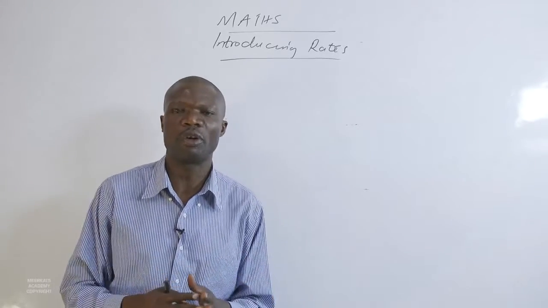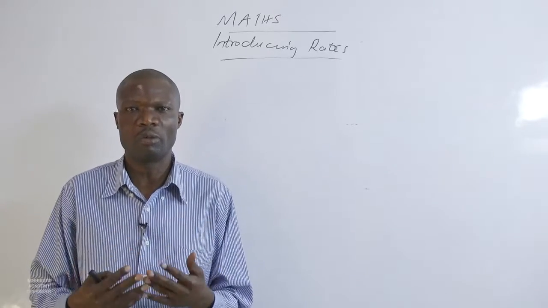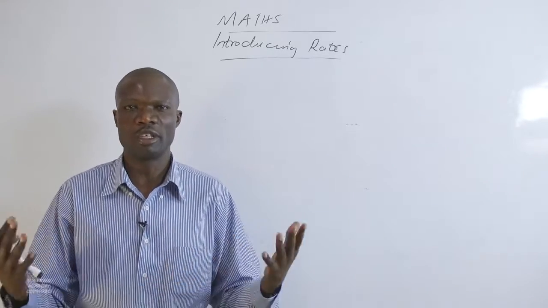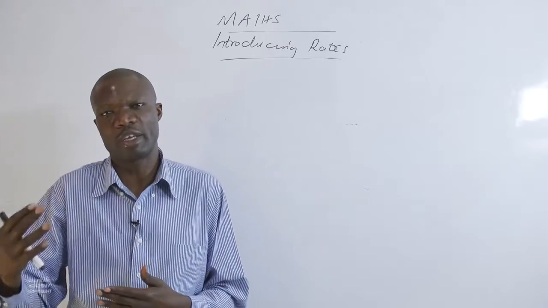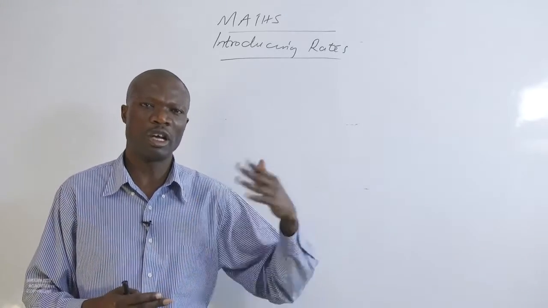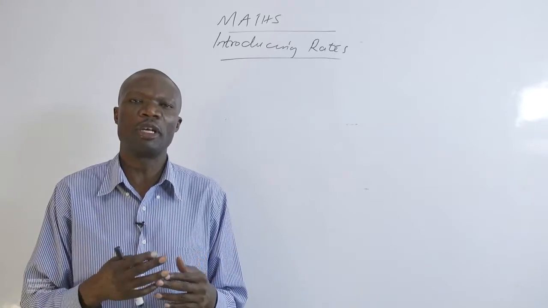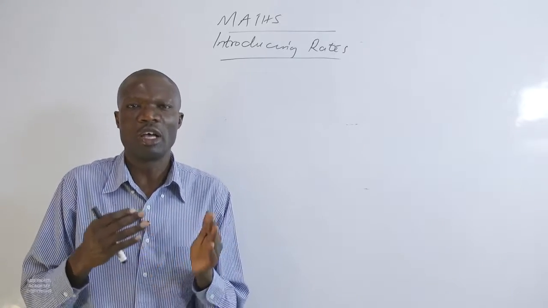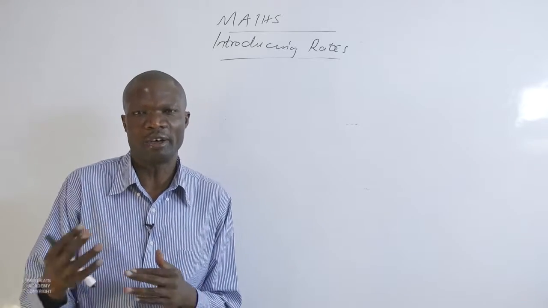Taking, for example, if I may take, several of us have seen cars. If you are using cars, you have to fuel a car so that you can drive a certain number of kilometers in your journey. So the moment you fuel, we can ask ourselves, how much does this vehicle consume per kilometer?